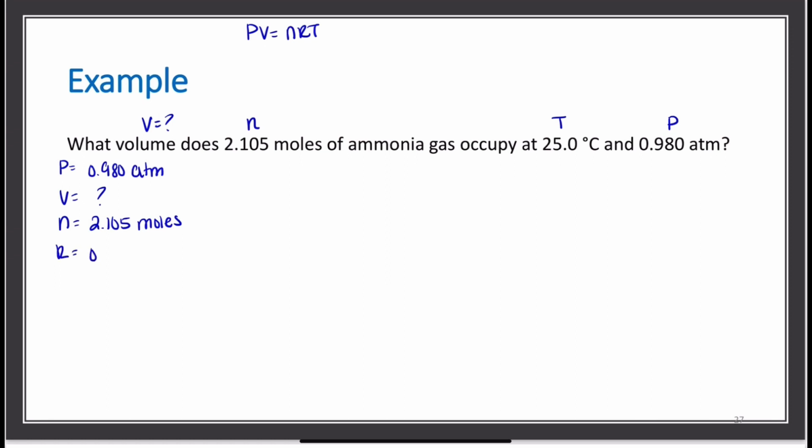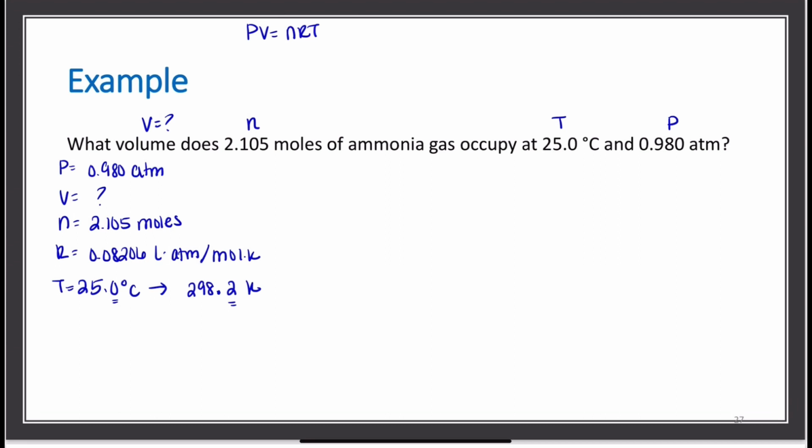R is my gas constant, 0.08206 liter atmosphere per mole K. And my temperature is 25.0 degrees C, but I know I need that in Kelvin, so it's going to be 298.2 Kelvin. 0.2, because this is precise to the tenth place, the first decimal place, so this must be precise to the first decimal place as well.